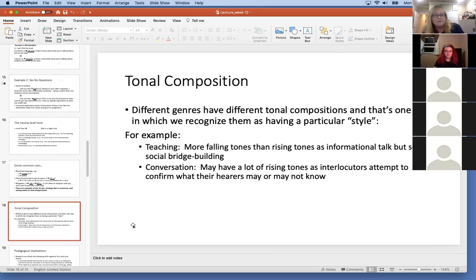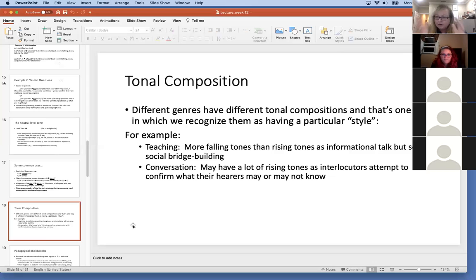I've had a couple of students look at preachers, and there can be quite a different aspect in preachers. Some preachers spend their whole time using rising tones, like, we're in all this together, you know what I mean? This is, you know, Jesus saves, he's saving you, right?